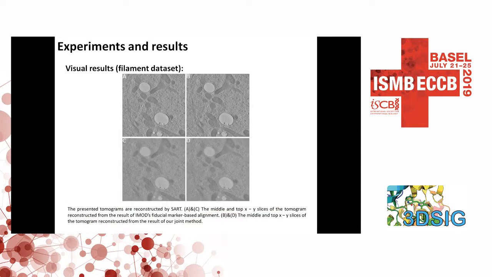We also compared our result by the reconstruction with IMOD, the most popular one. We can find that the reconstructions are almost the same as the classic solution, where we use IMOD as the fiducial marker-based alignment.